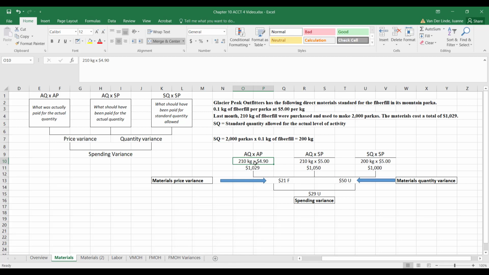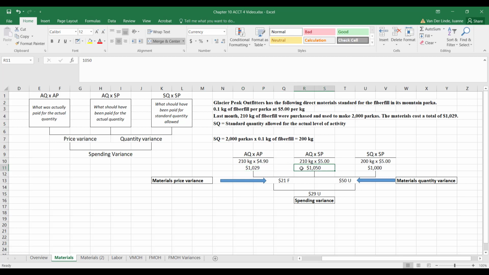So we want to compare that $4.90 to the standard cost, what we should be paying per kilogram, which is that $5 per kilogram. So in the middle here, we're going to take that actual quantity, which is the 210 kilograms, and multiply that by the $5 standard cost per kilogram. When we do 210 times $5, we get $1,050. So to purchase those 210 kilograms, we paid $1,029 when we should have spent $1,050.